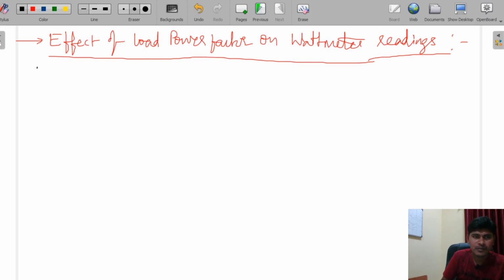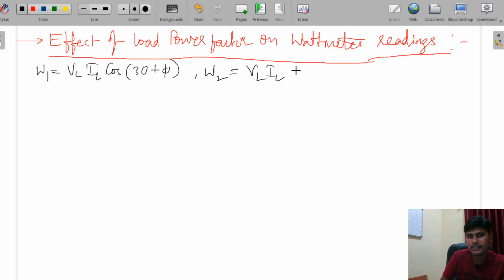We know W1 is equal to VL IL cos of (30 degrees plus phi), and W2 is equal to VL IL cos of (30 minus phi).